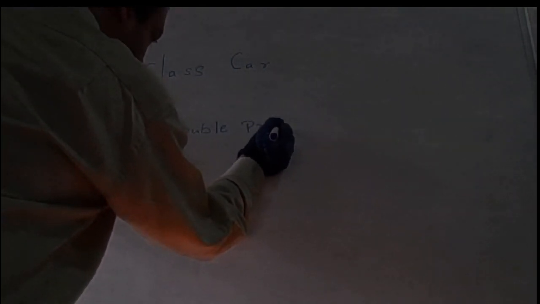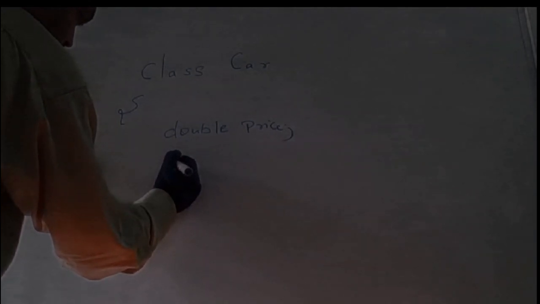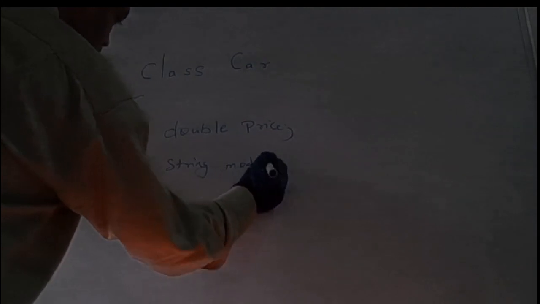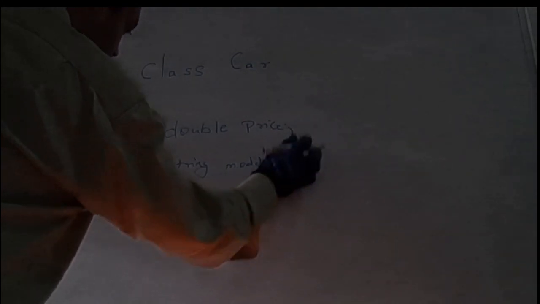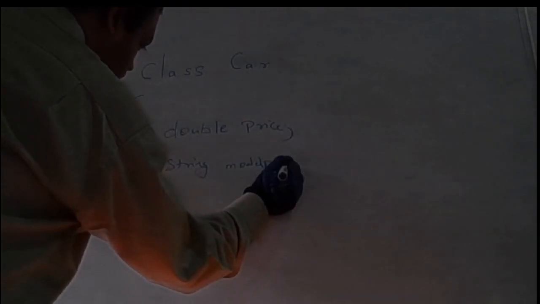Suppose we want to declare a variable of type double, price, and then a variable of type string, module name. There should not be a space in a variable name.